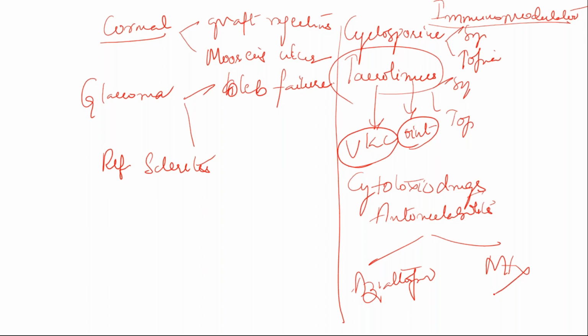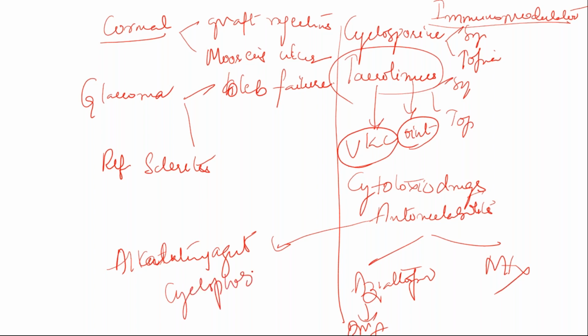Their mechanism of action is to interfere with DNA replication, and the second one suppresses cell mediated reactions. The second group of cytotoxic drugs is alkylating agents. The first in this one is cyclophosphamide.